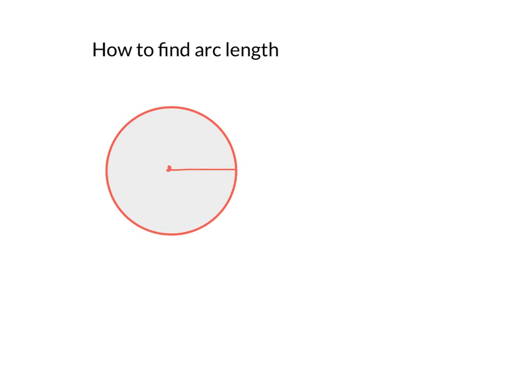The other option is for us to find the arc length if they give us the central angle in radians. So in the same way, this one is going to be radians. Radians is just the angle measure that they gave us. In the previous problem, they gave us degrees. Now we're looking at radians.